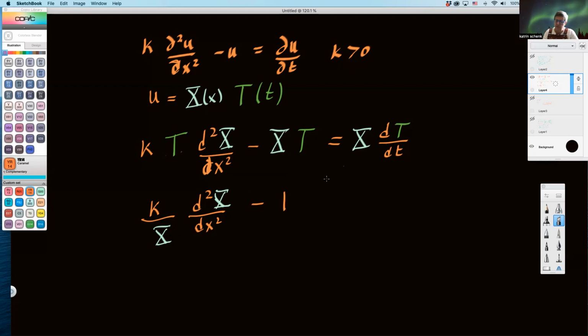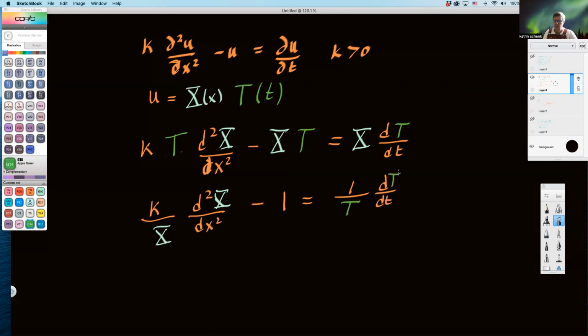And over here, we're going to have a 1 over T because the X cancels. So on this side we get a 1 over T and then d dt of big T.